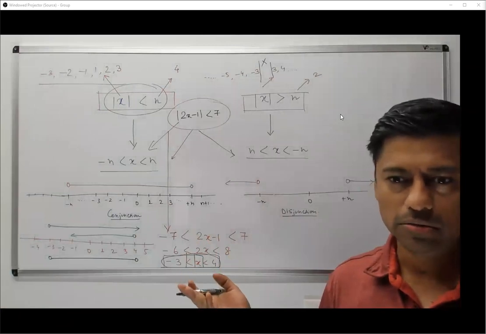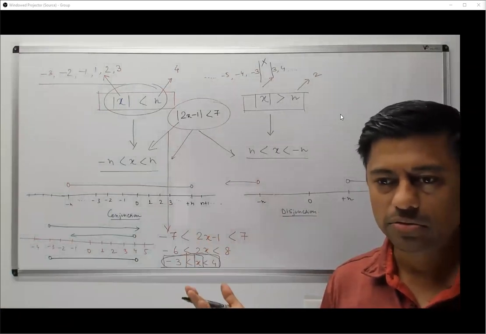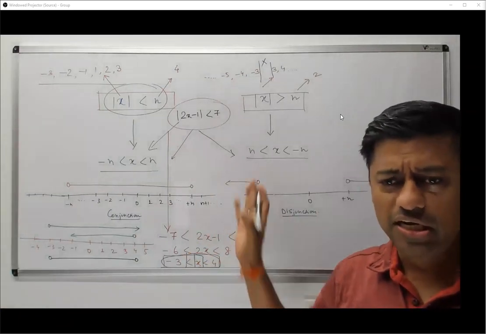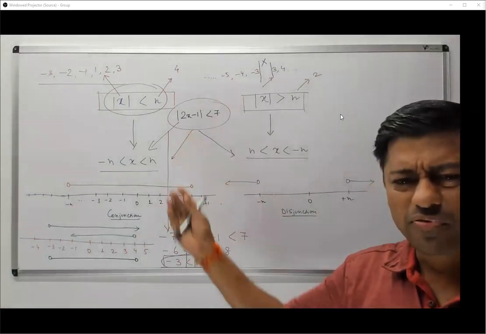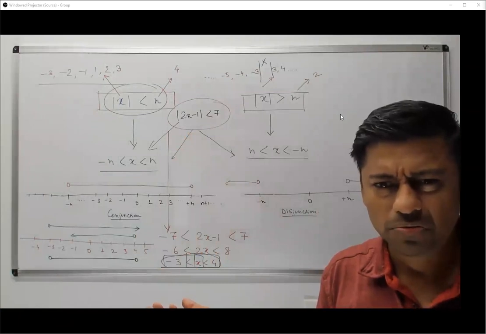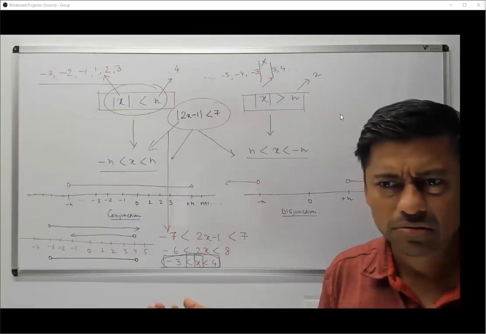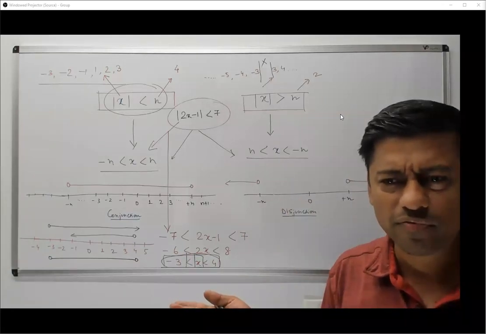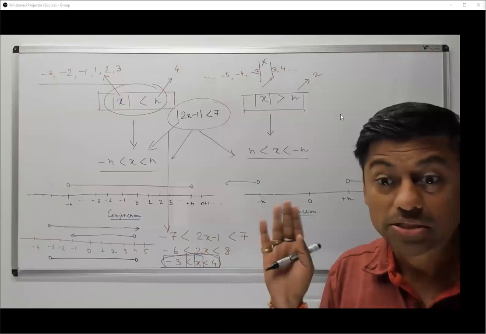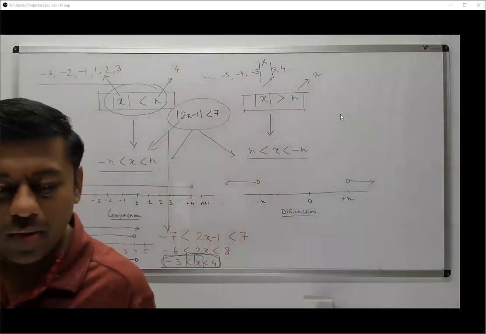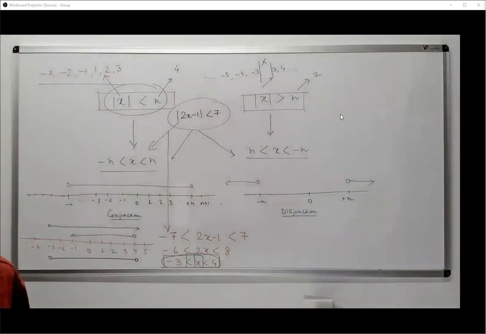Clear, not clear, semi-clear, half clear? It's clear. Now, with this conjunction and disjunction rule, isn't this kind of equation becoming a piece of cake? As long as you remember the rule, it's becoming very easy, isn't it?